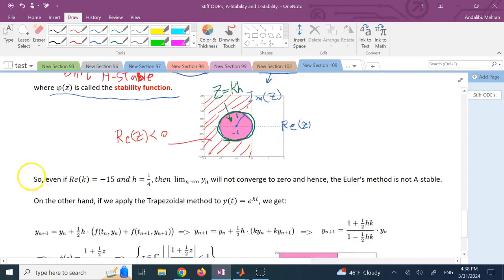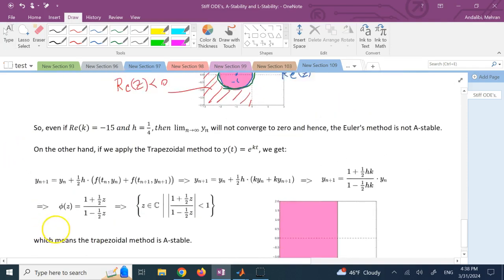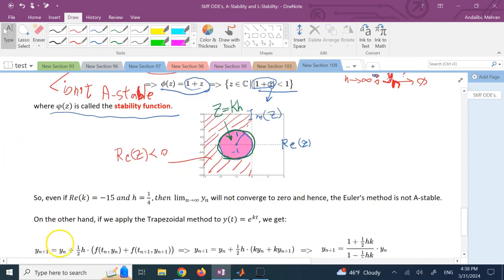Okay, now as another example, and before I move to the other example, just what kind of numbers would not work here? For instance, let's say the real part of z is -15 somewhere here, which is clearly fitting my criteria.